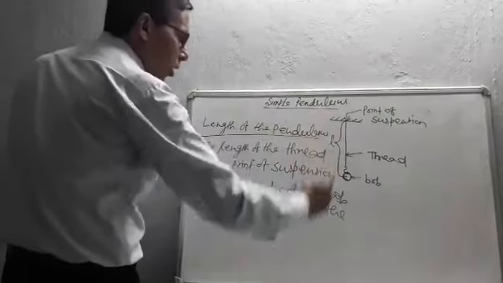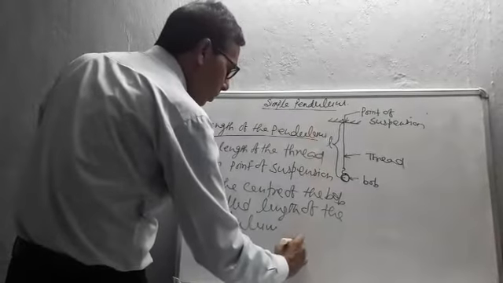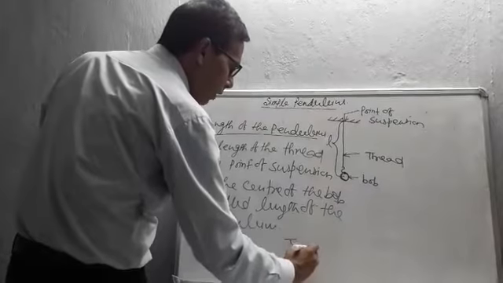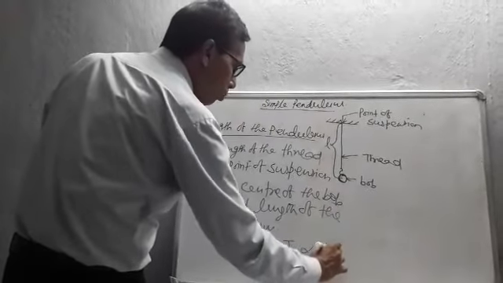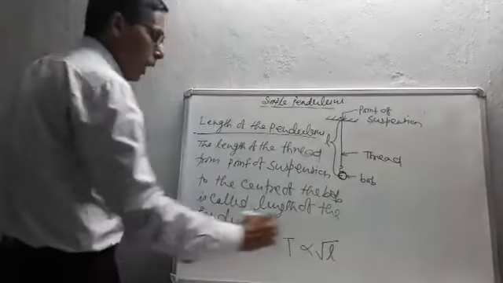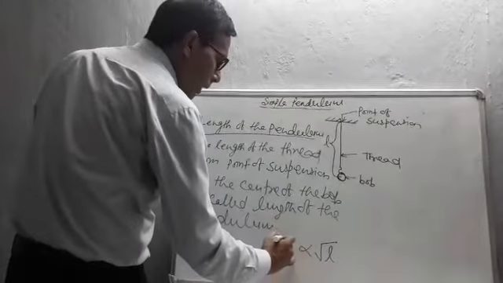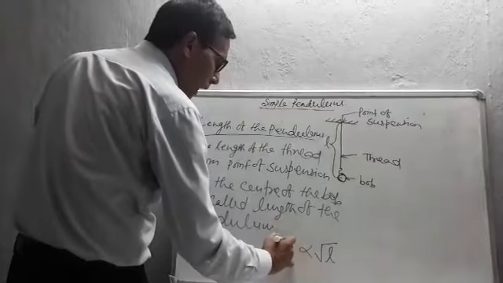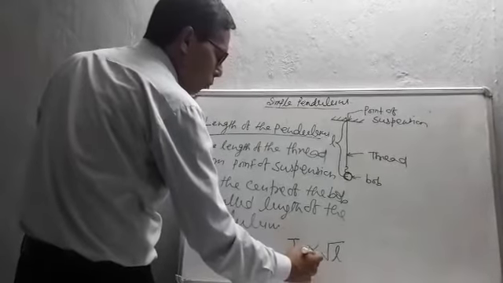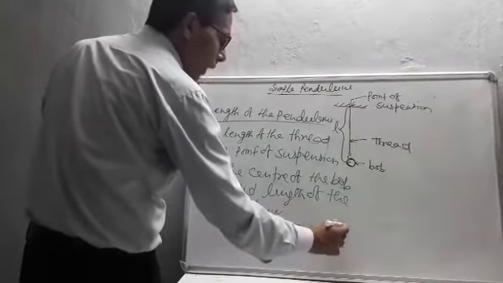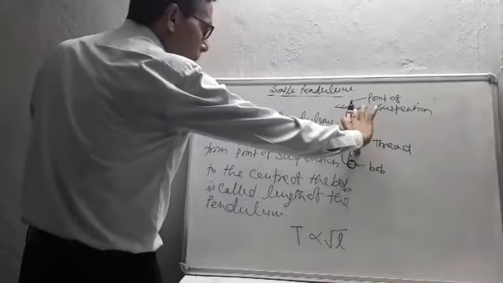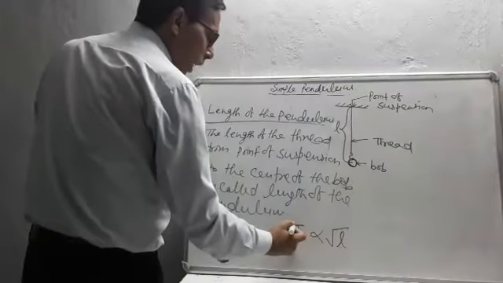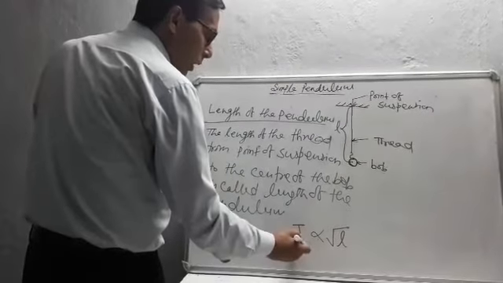Now the time period of a simple pendulum is directly proportional to the square root of the length of the pendulum. That means T is directly proportional to the square root of length. It means that as the length of the pendulum increases, the time period of the pendulum also increases.